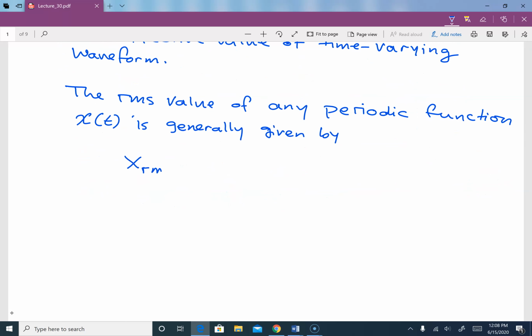X RMS is equal to the square root of 1 over the period T multiplied by the integral from 0 to the period T of the function squared, that is x squared dt. So this is our X RMS value. So the RMS value of any given periodic function can be determined through this equation.